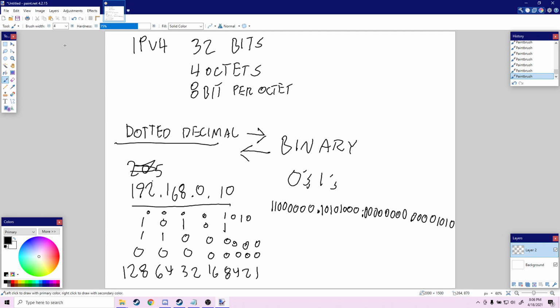So that's how you convert this IP address right here into binary. So that's how you convert dotted decimal to binary. That's what the binary looks like for all of them.